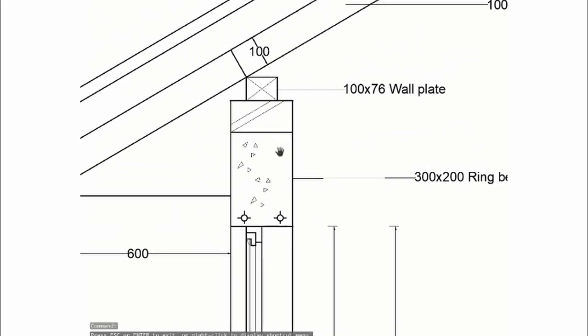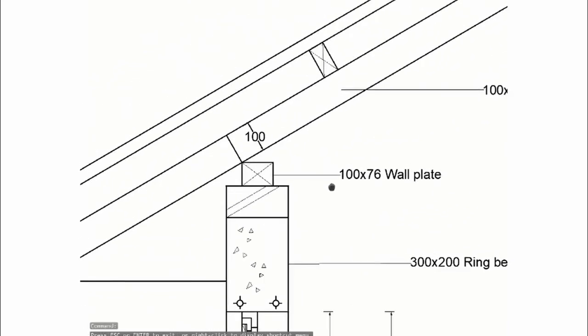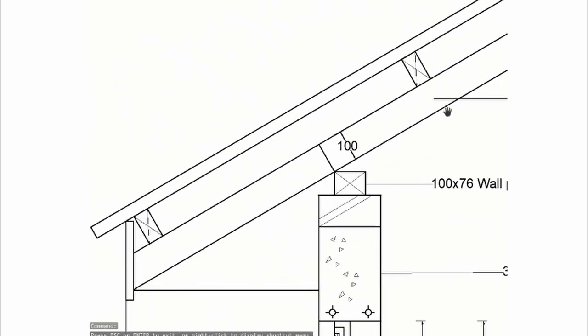and then we reach the ceiling level. That's where we place our wall plate, which is 100 by, supposed to be 75, mistake there, supposed to be 75, and then you place that rafter line, and you measure this 100 perpendicular to that rafter, so that's 100 millimeters, and then you place the next rafter line to make that rafter.